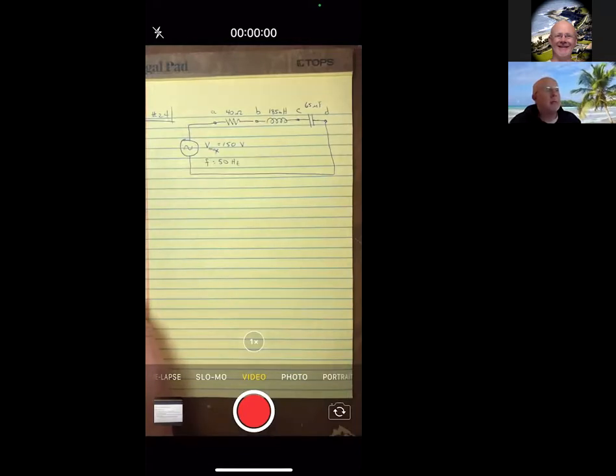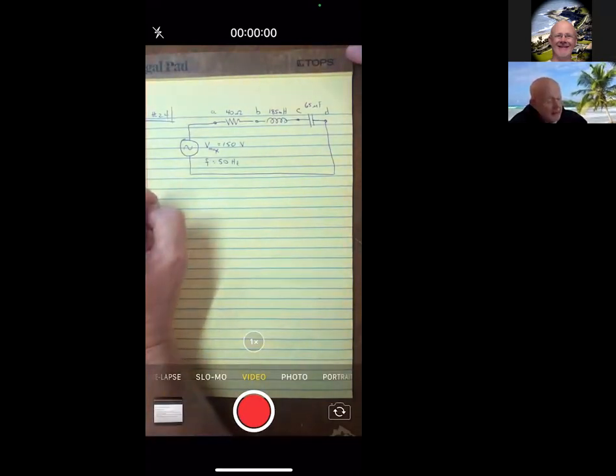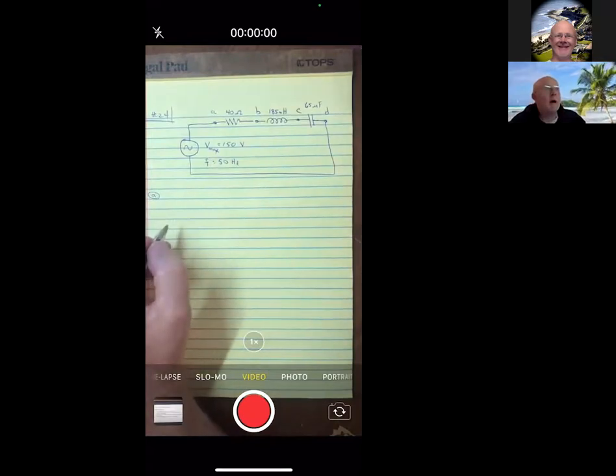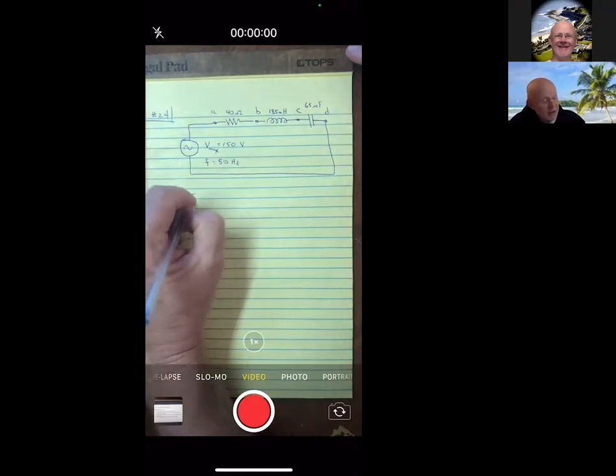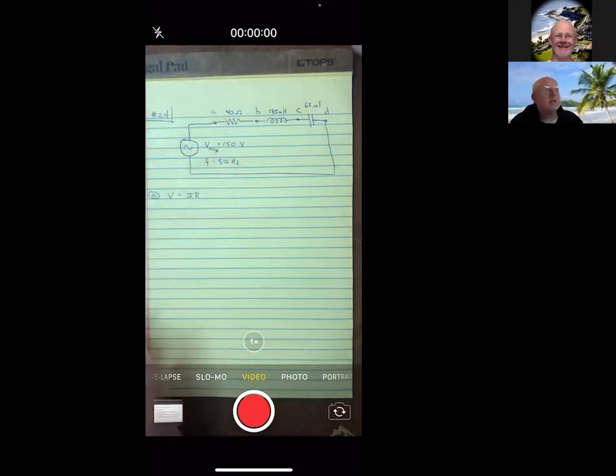All right. Well, in all of those cases, in A, we should be able to get the voltage, since it's just a resistor, as current times the resistance.